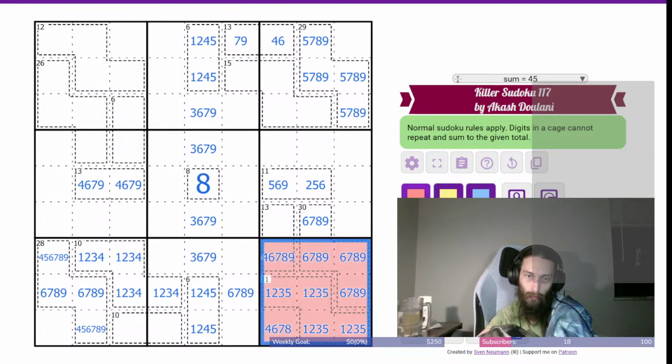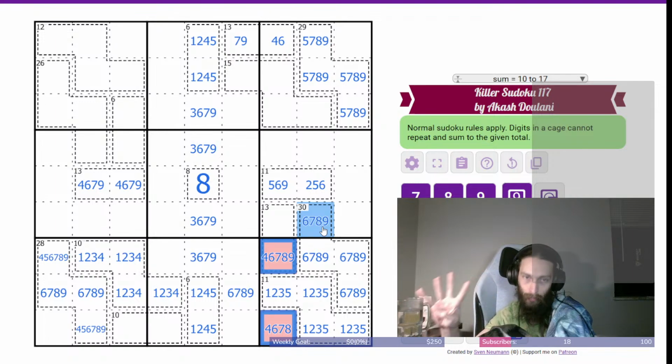We know that this is 45. And if we subtract out 11, then the remainder is 34. If we subtract out 30, then the remainder, red minus blue, is positive 4. So red is 4 more than blue.